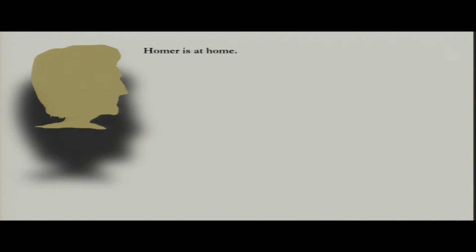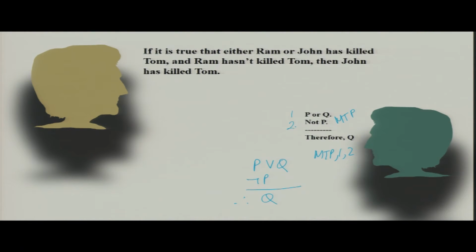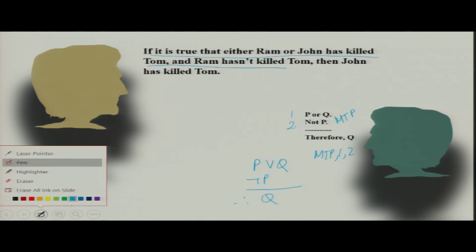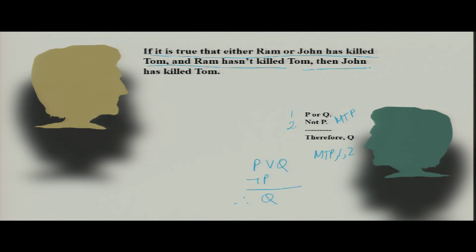We need not look at the world to have any Ram or any John or any Tom. We just know that if this part is true, then the other part must be true. For that we don't need any understanding of the world.